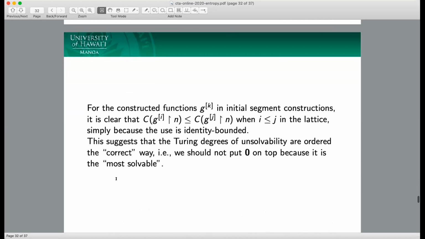So we look a little more in detail at this. When we make an initial segment of the Turing degrees, so something like a minimal Turing degree or some other lattice that's embedded into the Turing degrees with nothing below any element except what's in the lattice, the way this is done is you make a function g, and then for each partition in this representation by equivalence relation, you have a function gk.